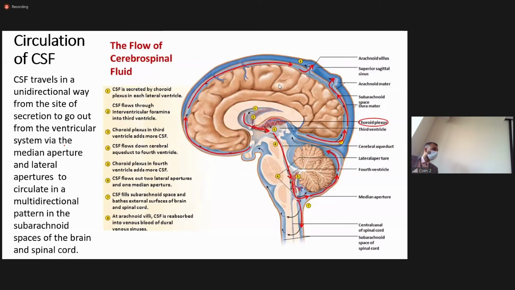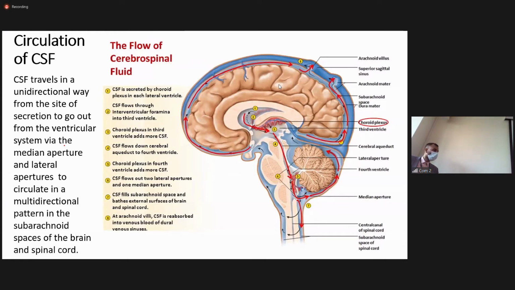Then through the cerebral aqueduct or aqueduct of Sylvius, it will flow into the fourth ventricle. In the fourth ventricle, there will be more CSF. Then it will flow through two lateral apertures and one median aperture. As we took them in anatomy, the lateral apertures are the apertures of Luschka and the median is of Magendie.